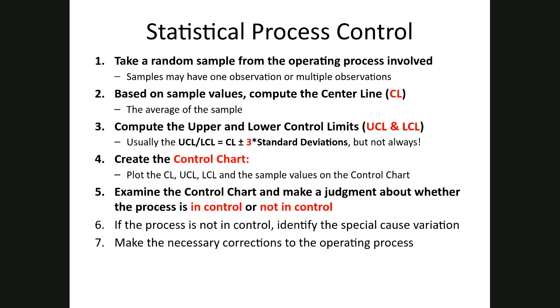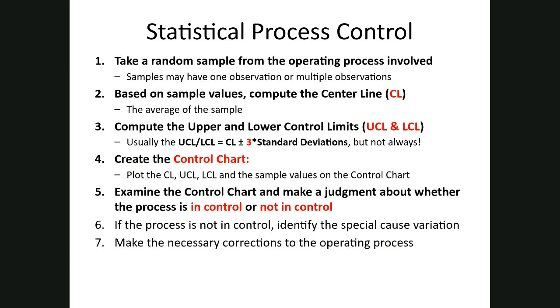First, we're going to take a random sample from whatever the operating process is. It can be one observation or multiple observations, where we're going to take a sample, and this could be either a manufacturing or a service process. And then based on the sample values, we're going to compute the value of the center line. And almost always, this is the average of the sample that we've collected.